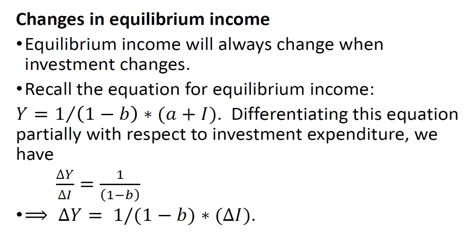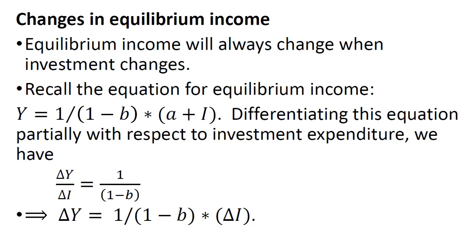When there is an increase in autonomous consumption spending, we expect that also to change the equivalent national income. So how do we measure this change? The multiplier is the simplest way of measuring the effect of these autonomous changes on the equivalent national income.